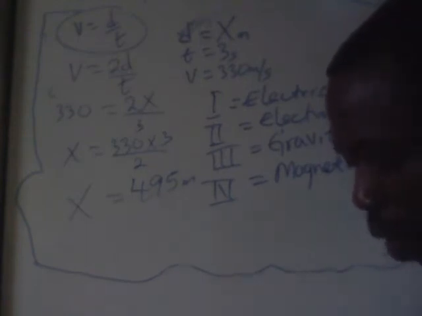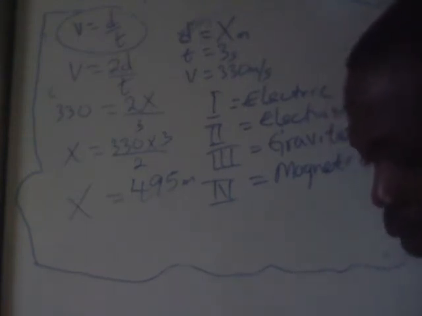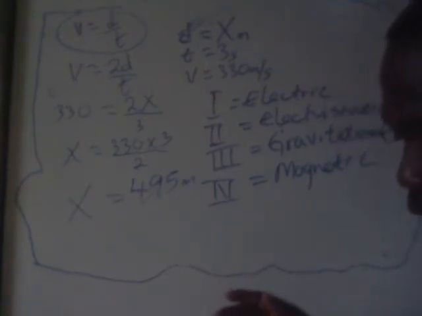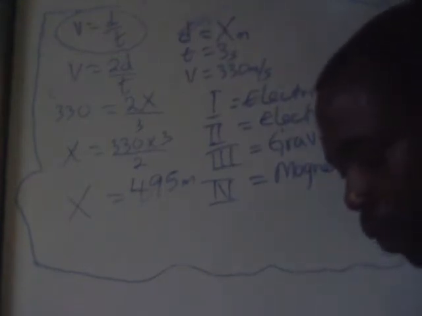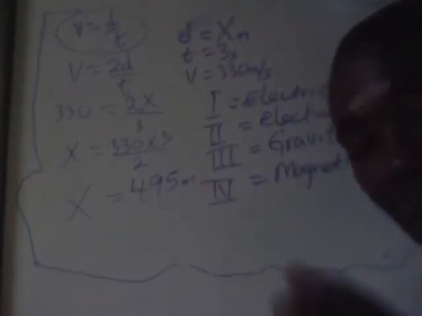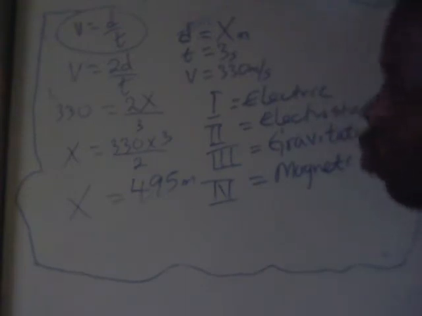Option C, 3 only. Option D, 4 only. Option E, 2 and 3 only. So the correct option is option C, 3 only. So number 31, the correct option is option C.